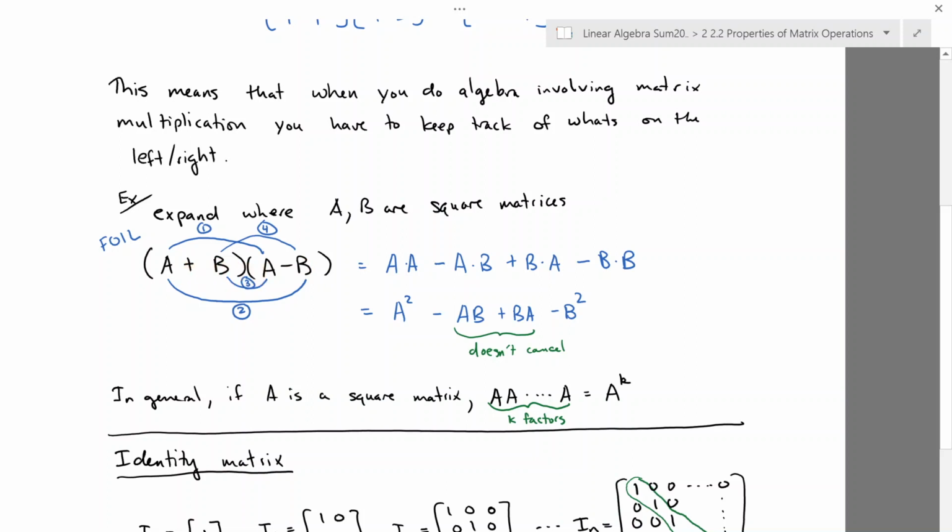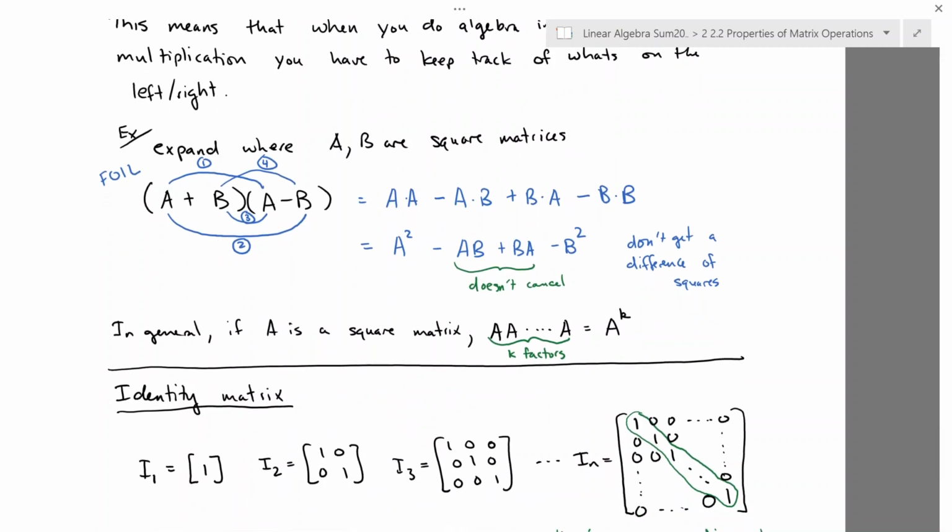But if we're dealing with non-commutative matrices, you can see that you do not get a difference of squares. So always be careful when dealing with matrix multiplication.